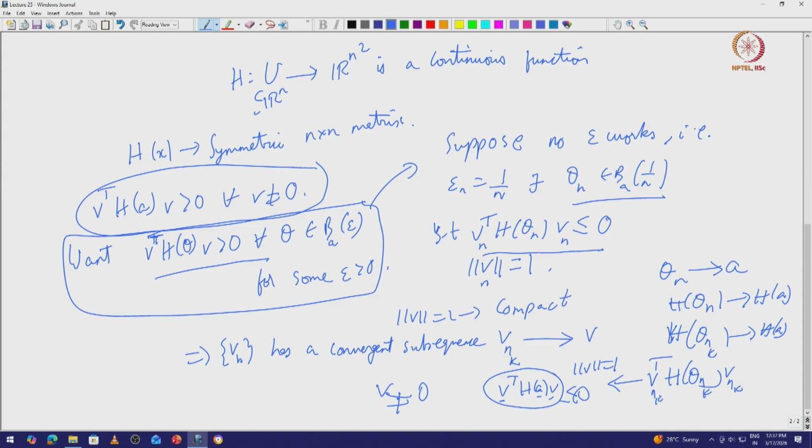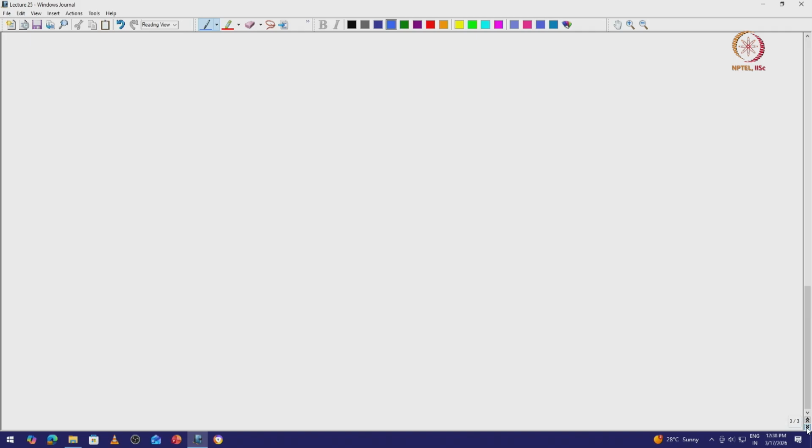But this is a contradiction because we've assumed V transpose H of A V is larger than 0 for all V not equal to 0. So these two contradict each other. Okay? So that's the problem. So in other words, this theorem is true. We have produced a contradiction assuming its negation holds. Right? Okay, so our lemma, linear algebraic lemma holds.